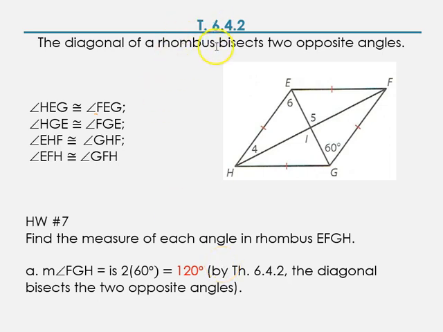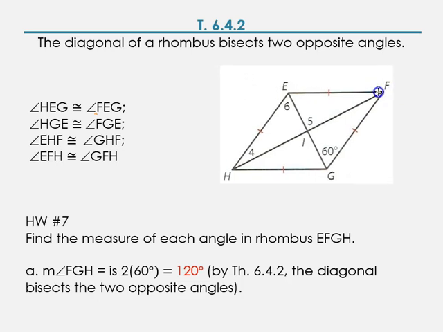Theorem 6.4.2. The diagonals of a rhombus bisect two opposite angles.